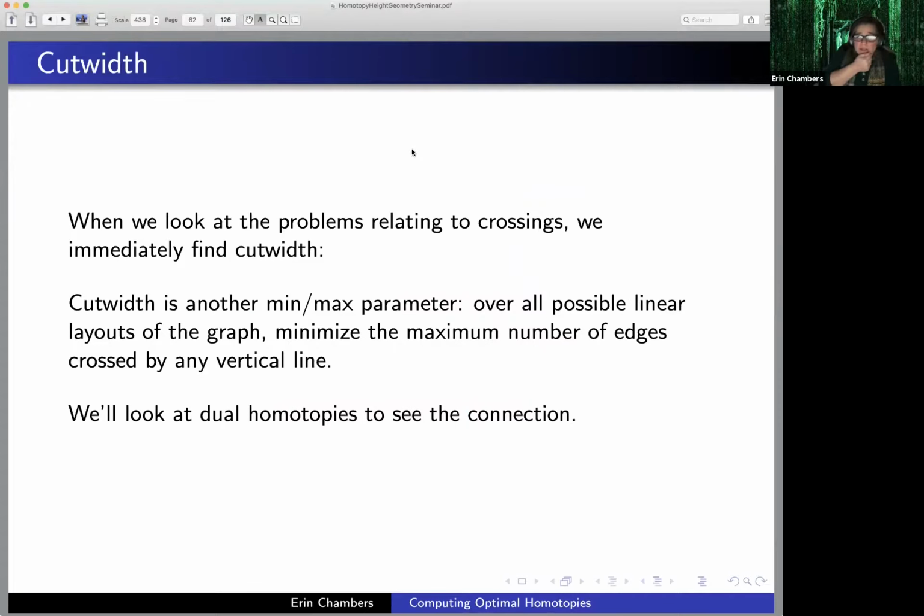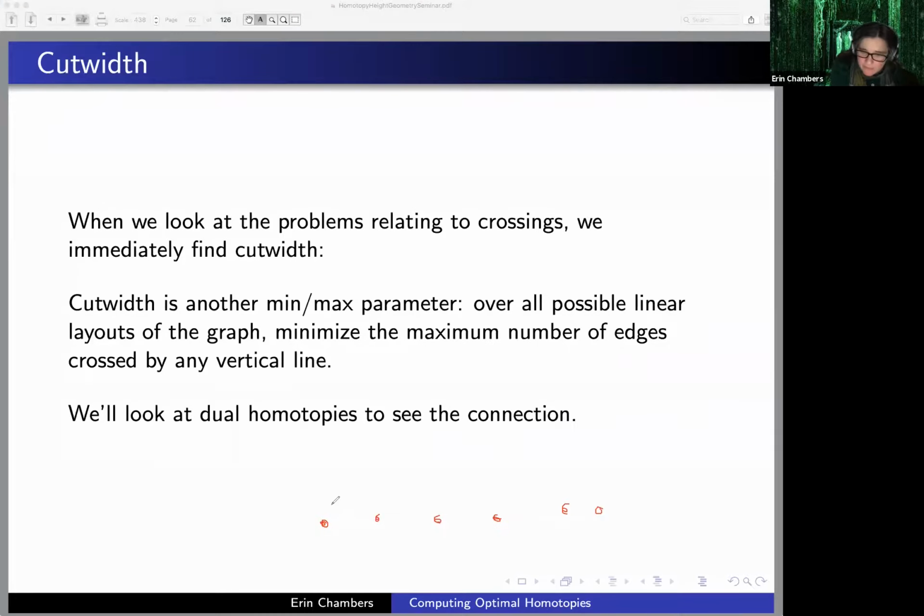Okay, so when we are looking at this, we immediately land on cut width, right? The cut width of a graph is, okay, given a graph, give me a linear arrangement of vertices and minimize the maximum number of edges crossed at any time. So I should have a picture here of it. Yes, here, let me just draw quickly. So you're gonna lay out vertices.